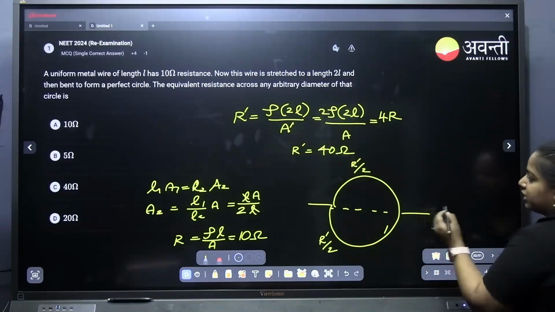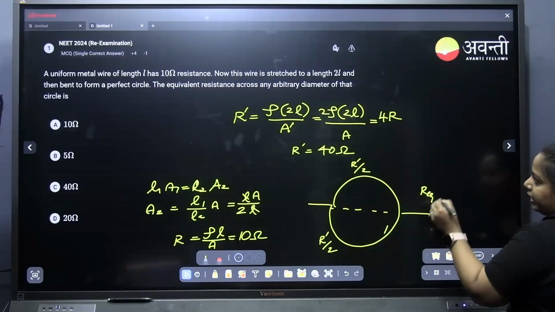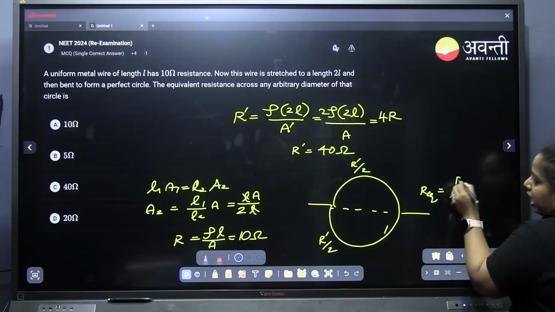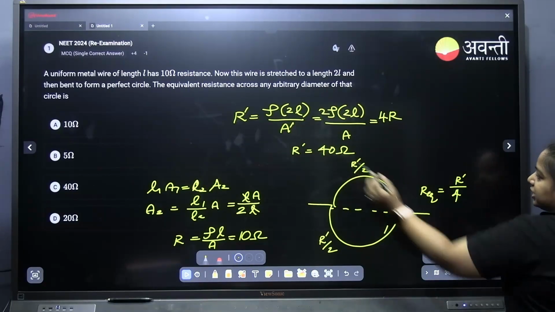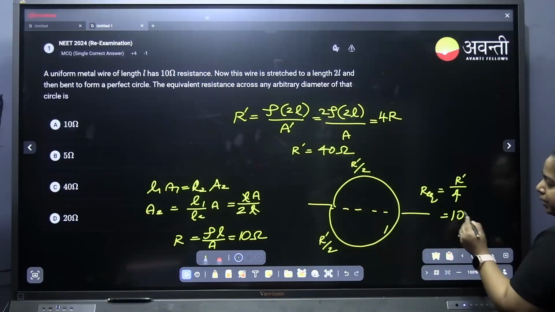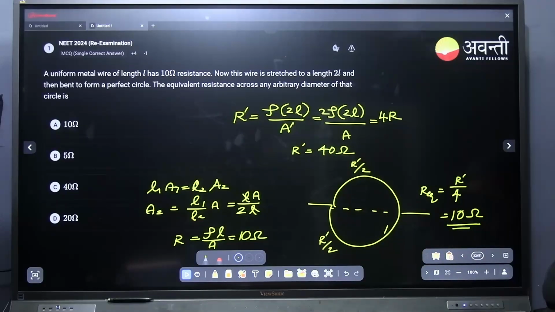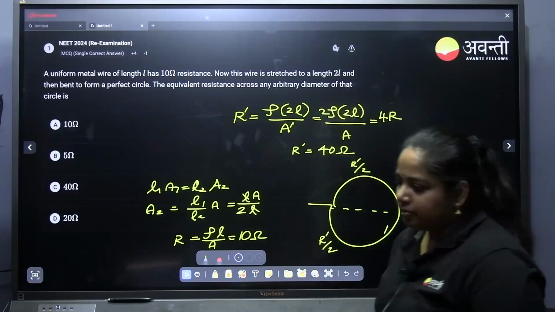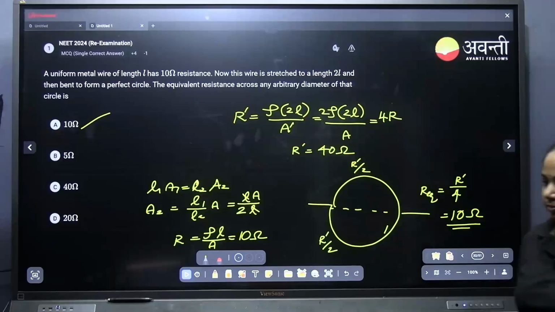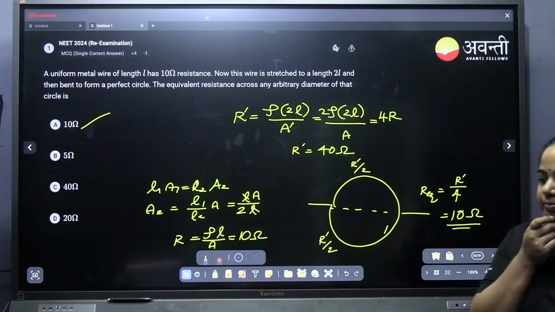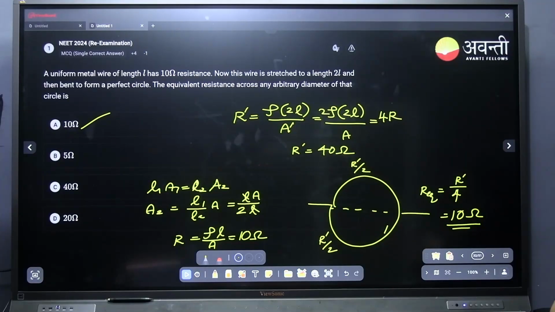So the combination will have R equivalent equal to R dash by 4. R dash is 40, so R equivalent will be 10 ohm. Is it clear for all? I hope there is no doubt in this problem. In that case, we can move on.